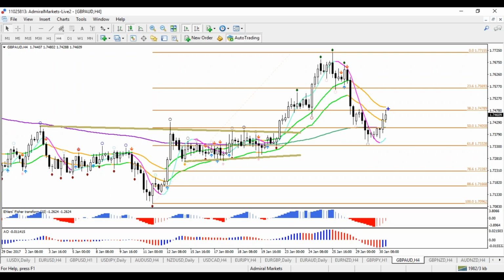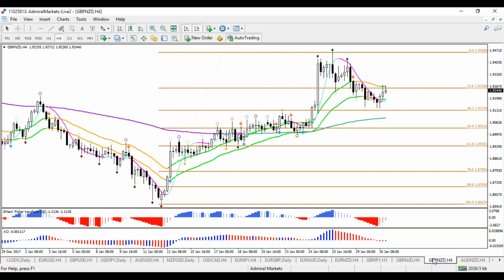I would probably need to see price either make a hook back, fail to break this top, and then continue higher, or if it does break, I need to see some flag and continue. Too early for me to trade it either way.